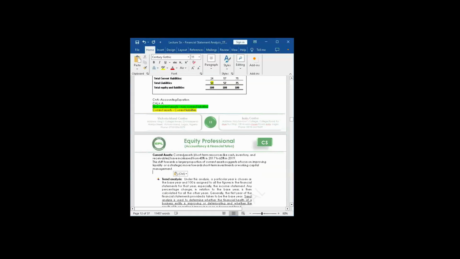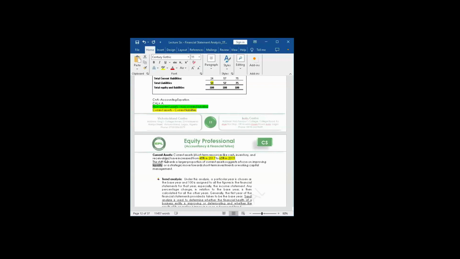Current assets have increased from 48% in 2017 to what? To 65% in 2019. This shift towards a larger proportion of current assets suggests a focus on improving what?